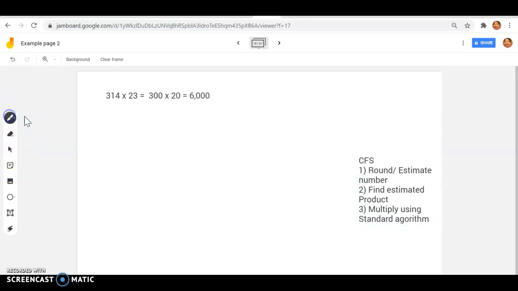Here, I'm going to write this down: 314 times 23. If you are more comfortable using the area model and then moving to the standard algorithm, by all means, make sure that you use that tool that you are most comfortable with. If you just want to dive right into the standard algorithm, that is perfectly fine as well.